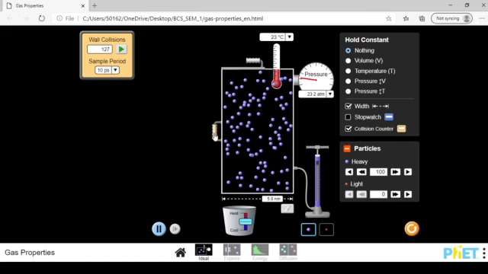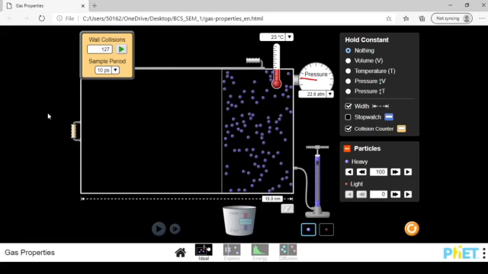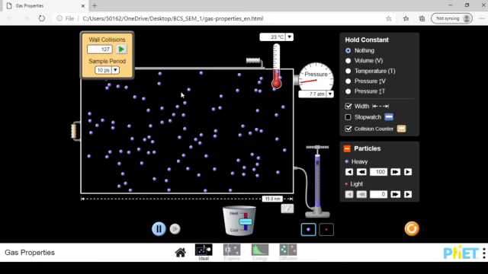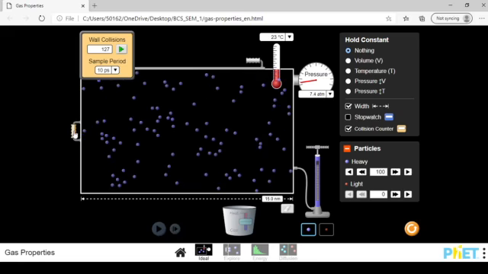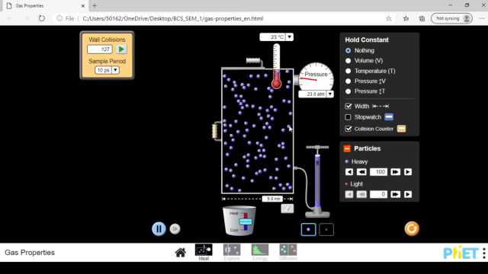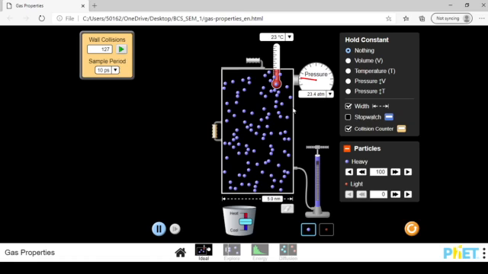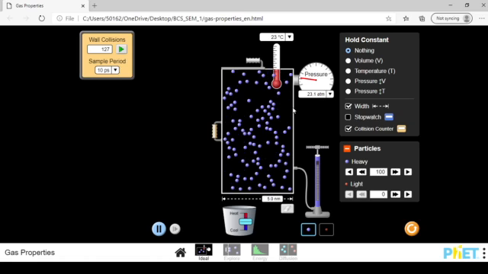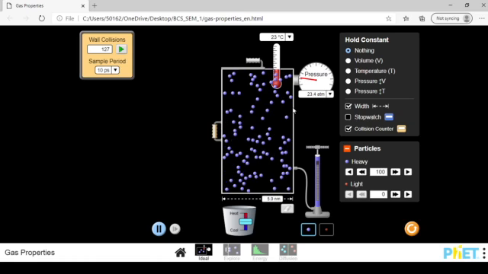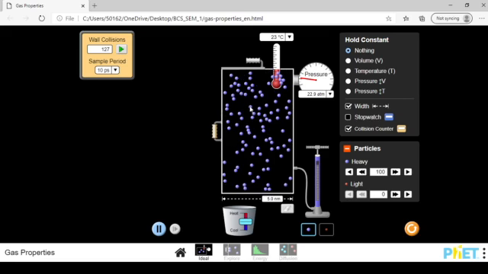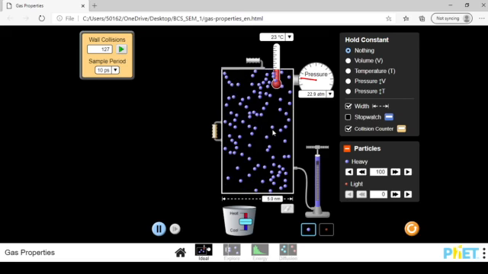When we increased the volume of the container, there was more space for the particles. When we decrease the size of the container, there is less space, so the particles hit the walls of the container more, thereby increasing the pressure on the walls of the container.